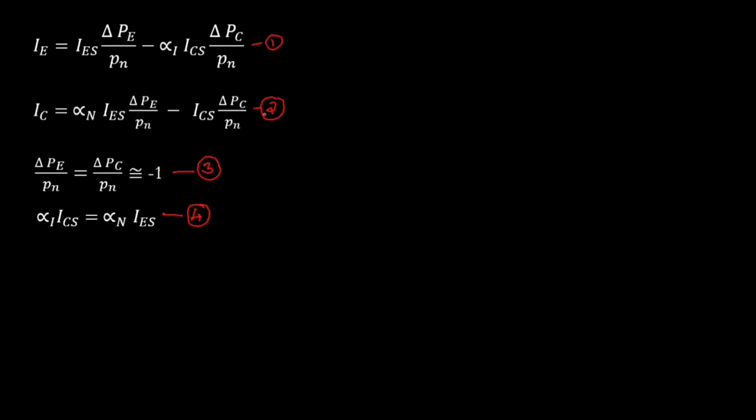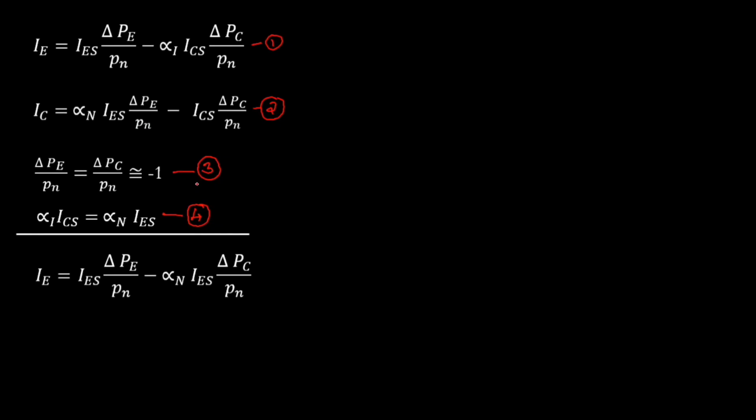So let's consider these four equations first. Take equation number 1, and we are substituting equation number 4 into equation number 1. I am going to substitute for this expression using this, because that is equal.